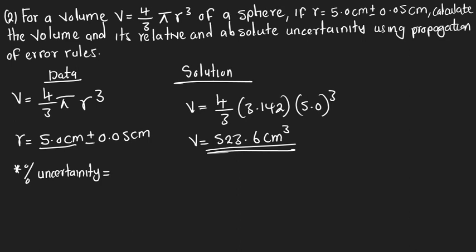Percentage uncertainty is equal to measure of error over true measure multiplied by 100. So 0.05 divided by 5 is going to give us 0.01 multiplied by 100%. We are going to get 1%.